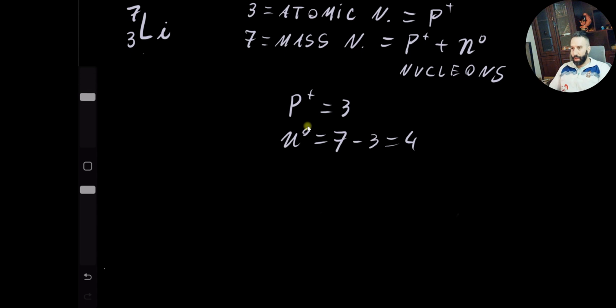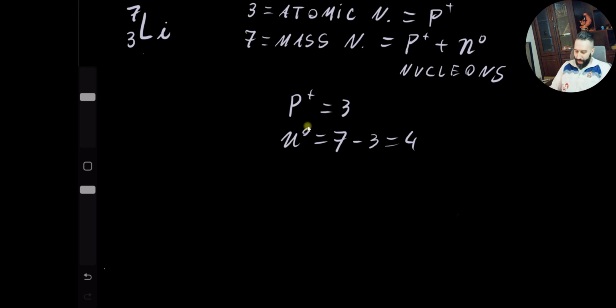But let's turn to another thing right now. The mass number, the name itself says it has something to do with the mass of the element. Again, I repeat, remember, almost all of the mass of an atom is in the nucleus. So the mass number, since it represents the number of nucleons, protons and neutrons together, also represents the mass of that atom.